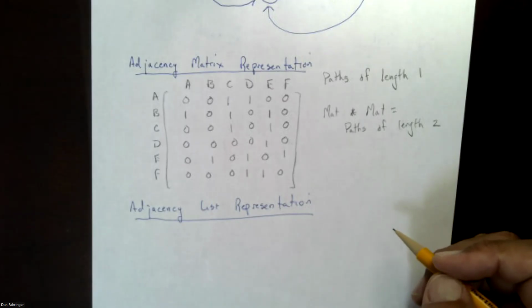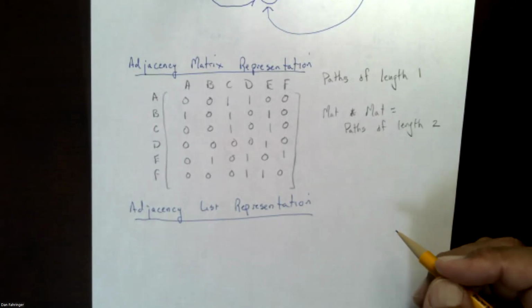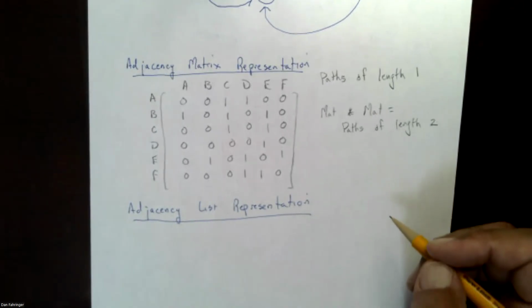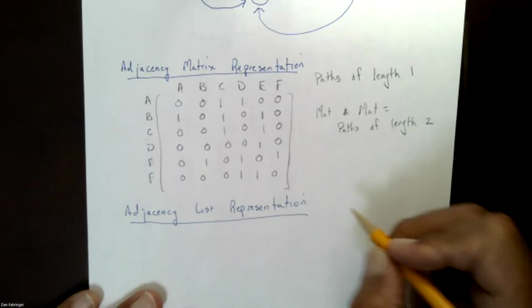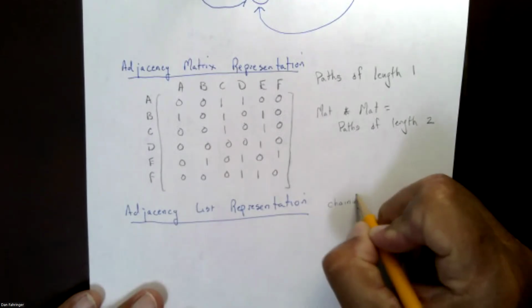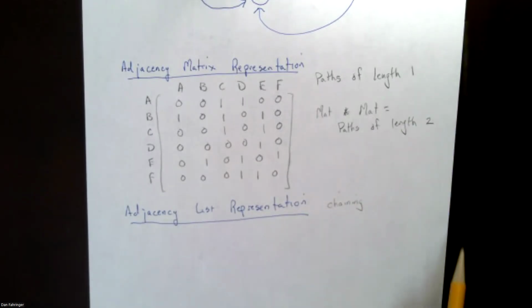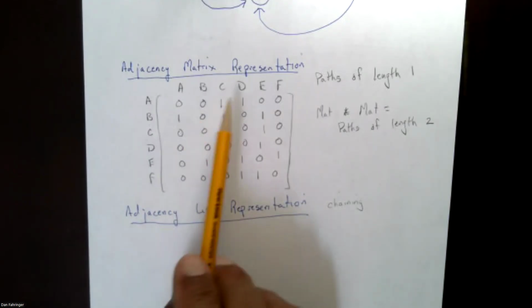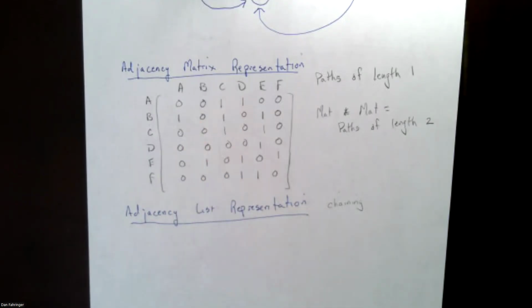C word. I know you know it. No? Okay. Chaining. Chaining comes into play. So this adjacency list representation, you're going to have to do these on the final.